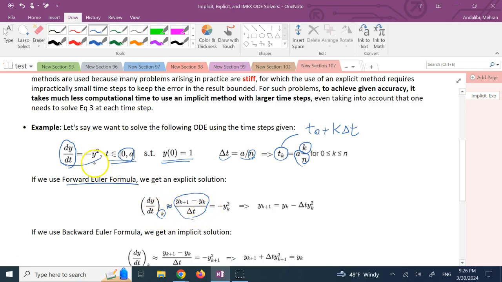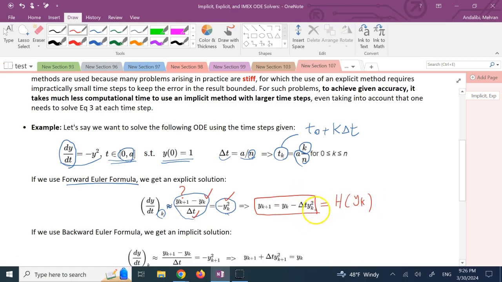Now, this y prime equals negative y squared, so in this case negative yk squared, then the only unknown here is the y at the next iteration given the y at this iteration and the known delta t. So if you multiply both sides by delta t and take the y to the other side, you see that y of k plus 1 becomes yk minus delta t times yk squared. So this is clearly what? An implicit function of y of k, right?